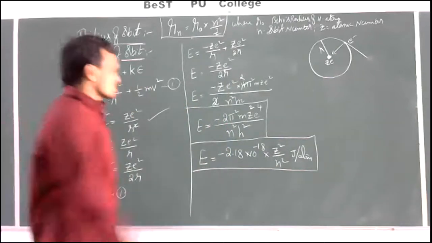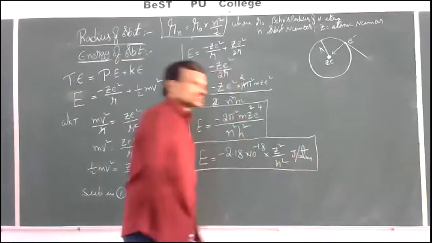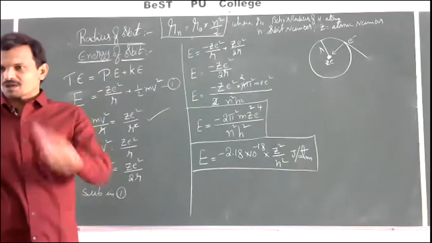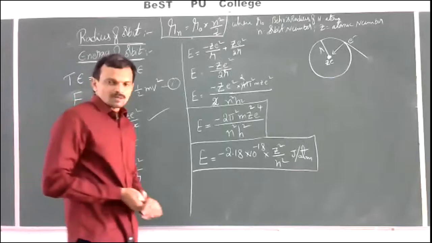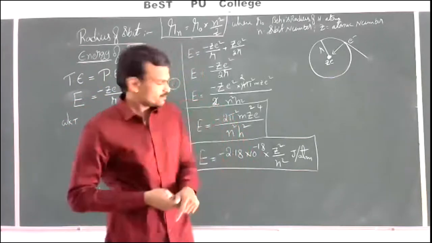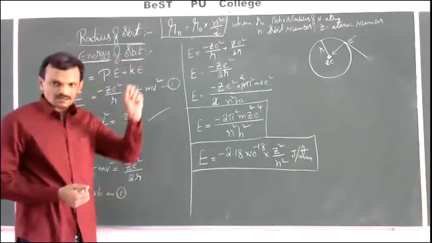So this is the expression for the energy of the orbit or the energy of the electron in a particular orbit. Energy of the orbit or energy of the electron present in that orbit, both are exactly the same, no difference. This is in terms of joules per atom.